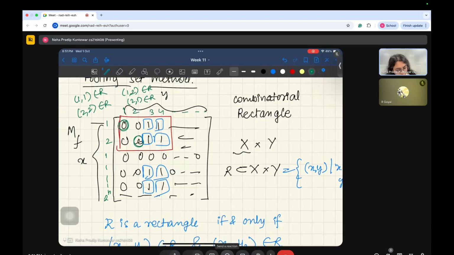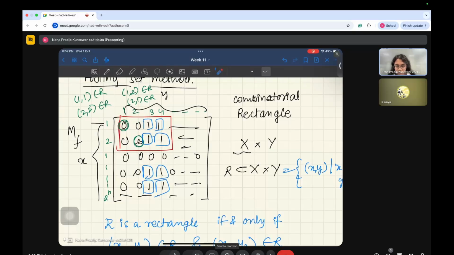That means this entry and this entry should both be in the rectangle. And this holds for all pairs. So if you look at any two elements, if this is there and this is there, then this should also be there. So you can't have something like this.